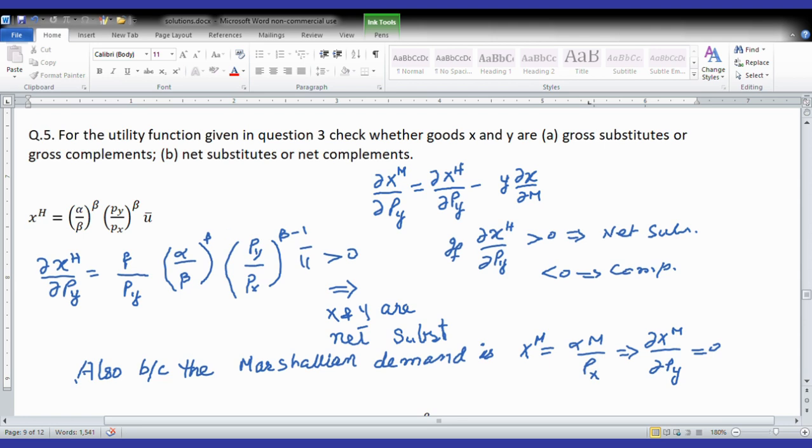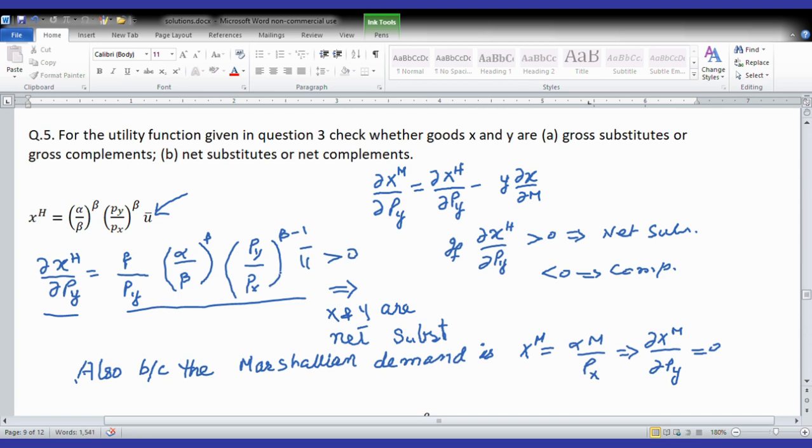See that this was the Marshallian demand function in question number 3, and I have taken the derivative of the demand function with respect to the price of Y. If you look at the result of this derivative, beta is greater than 0, py is greater than 0, this term is greater than 0, and this is saying that this derivative is greater than 0.